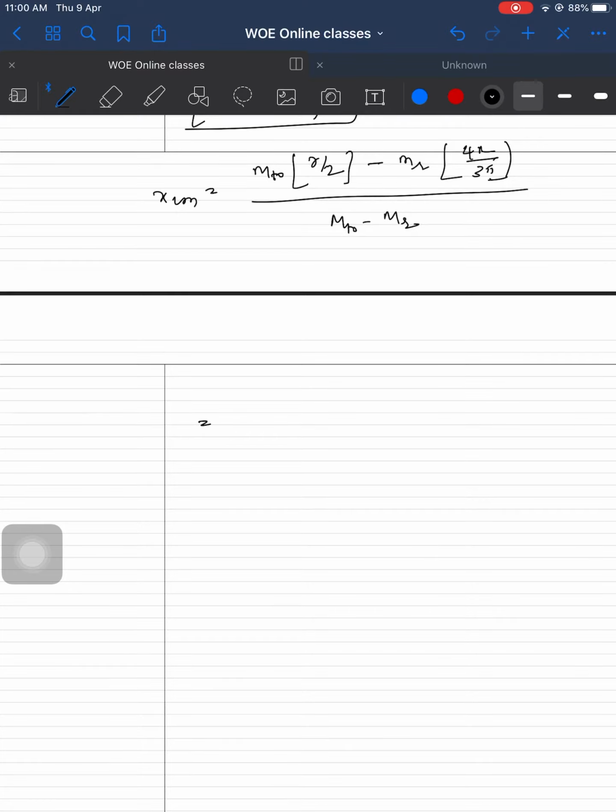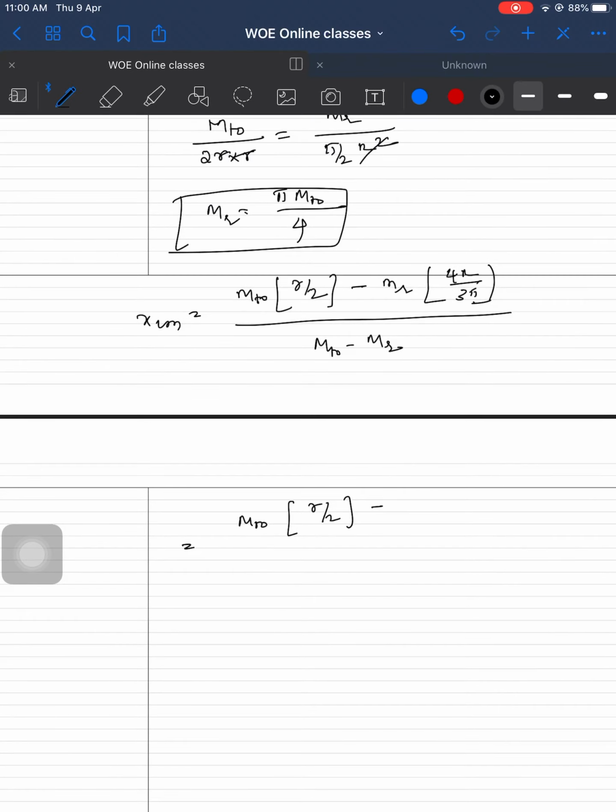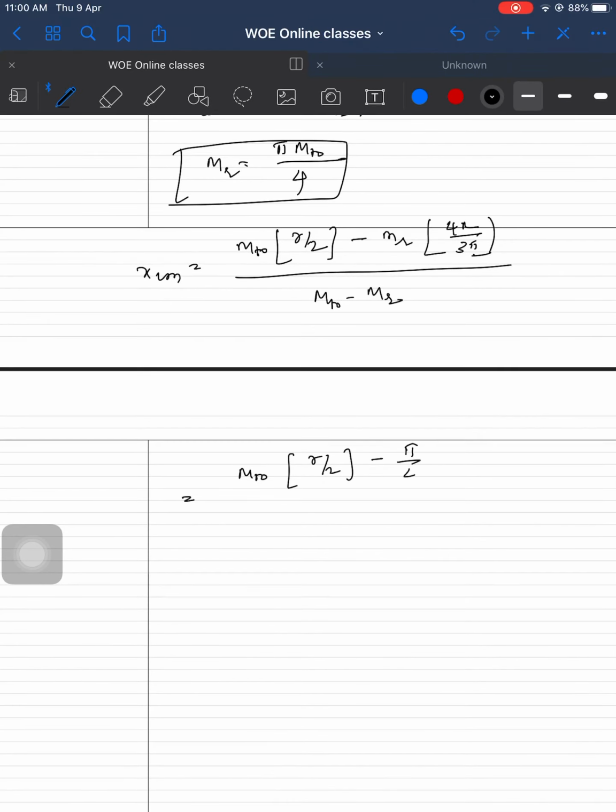Now taking m total as a common factor, r by 2 minus pi by 4 into 4r by 3 pi. The 4 gets cancelled.